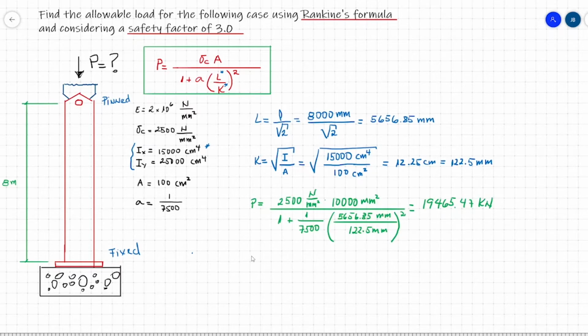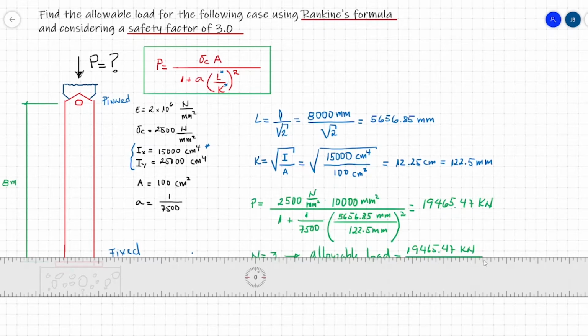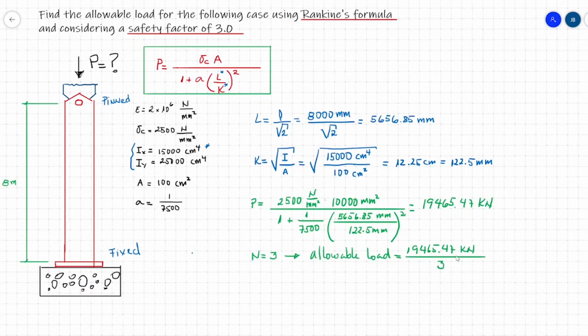If I assume a safety factor of 3, then that implies that the allowable load is going to be equal to this value I got here, 19,465.47 kilonewtons, divided by 3, which is going to be equal to 6,488.49 kilonewtons.